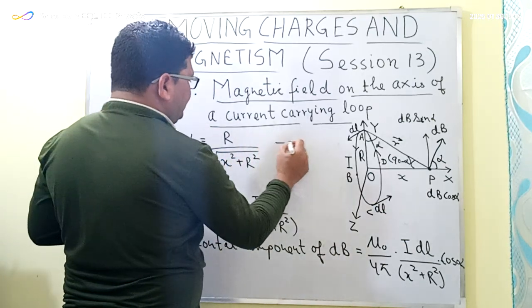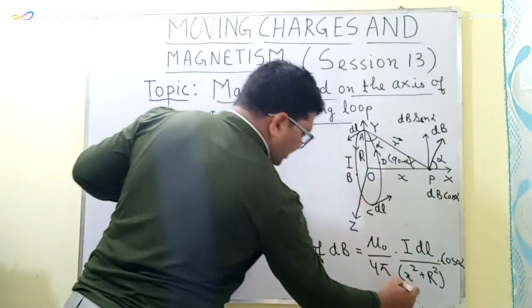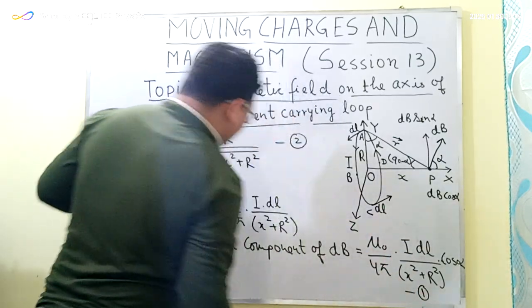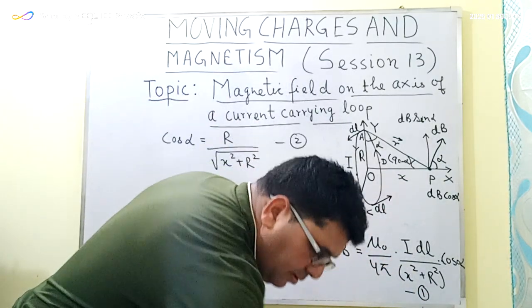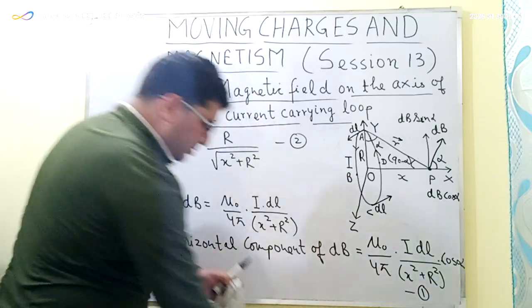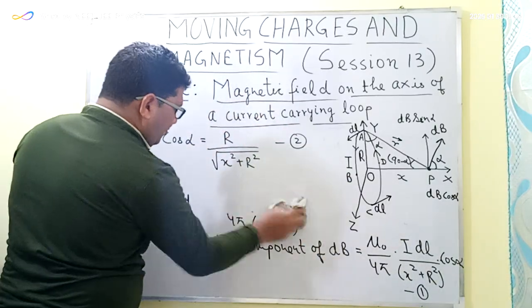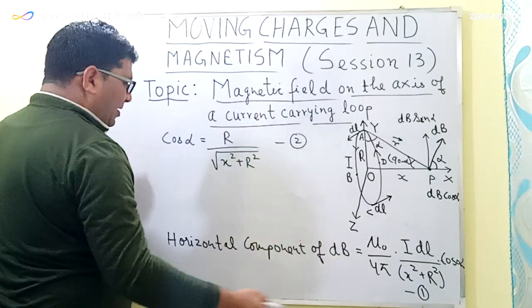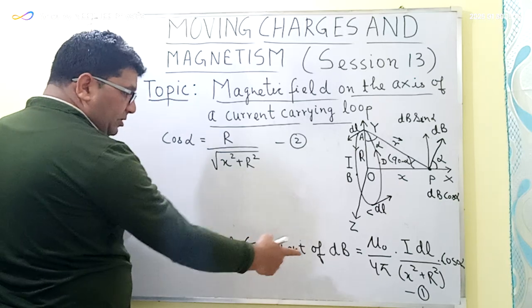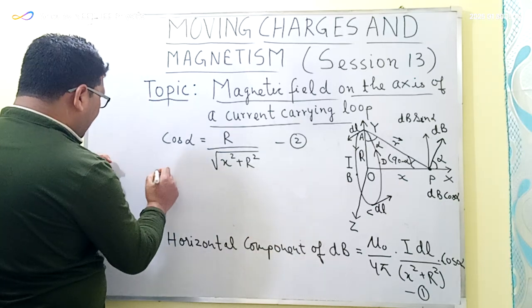So let us say this is the second equation and this is the first one. So from these two equations, I will be getting the value of the horizontal component of dB. Say this is dBx.